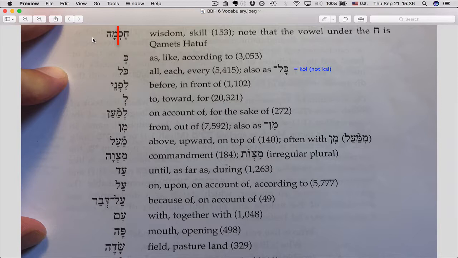And a closed syllable has 3 elements, which means it only has room for an itty-bitty vowel, which means the 2 sounds this can make, A or O, it can only be the short O. So it has to be chok, ma, and here we have chametz plus hey, our long A vowel in an open syllable. Chokmah is wisdom.